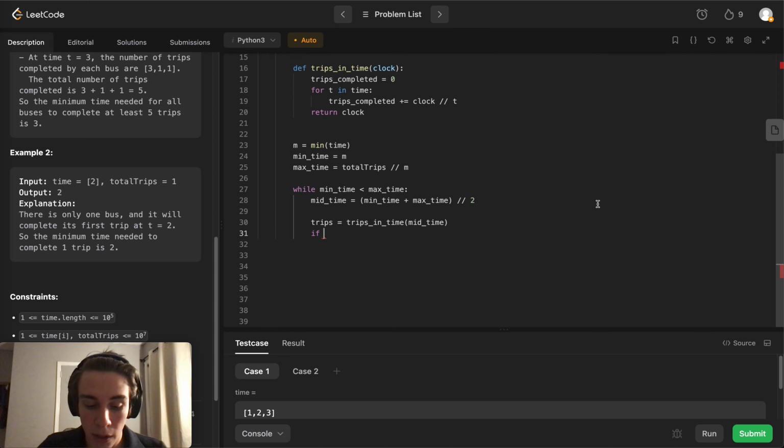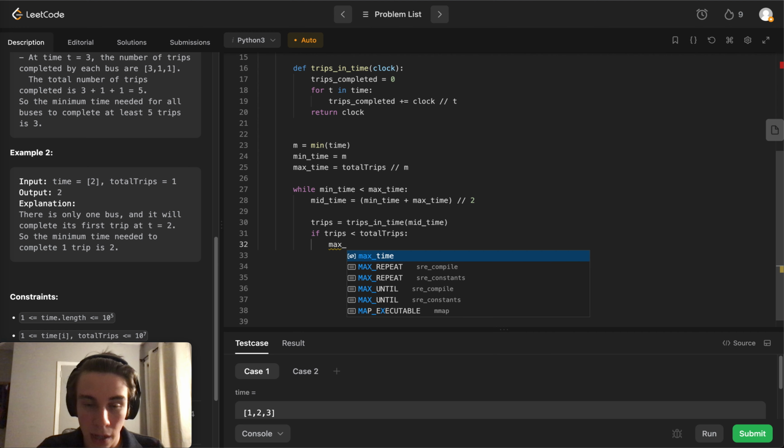So here I'm thinking that we have to kind of look one ahead, and we can say if trips is less than total trips, then we're good. If total trips, then yeah, that's pretty easy.